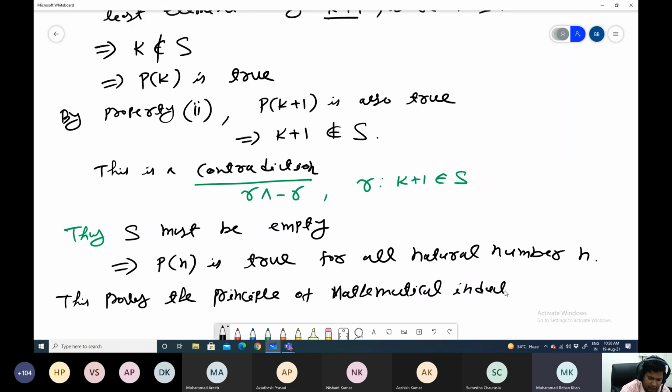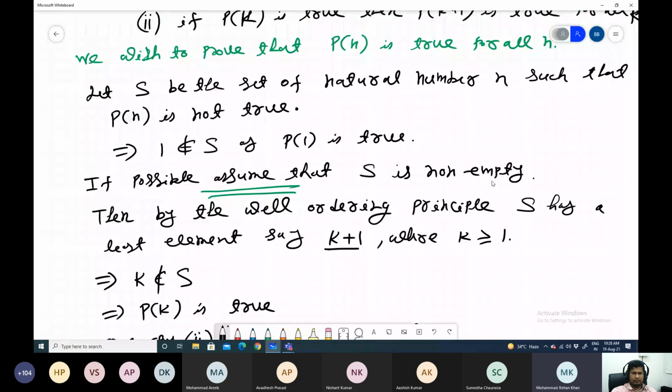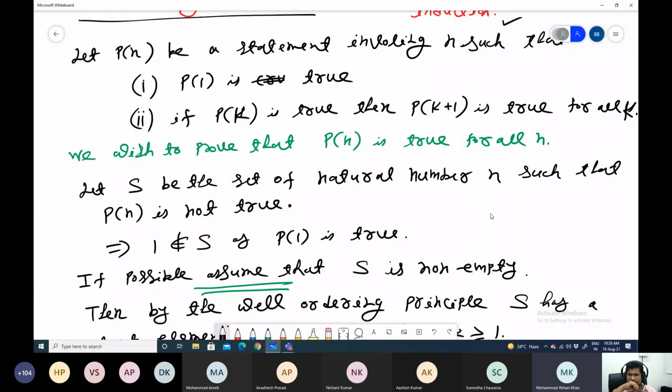Sir, here we are assuming that if Pk is true, then P of k plus 1 is true, or we have to prove. But in normal cases where we solve the problem, we assume that Pk is true and then we prove that Pk plus 1 is true. If Pk plus 1 is true, then P of n is true for all n. It is not clear. Actually, your voice is too noisy.